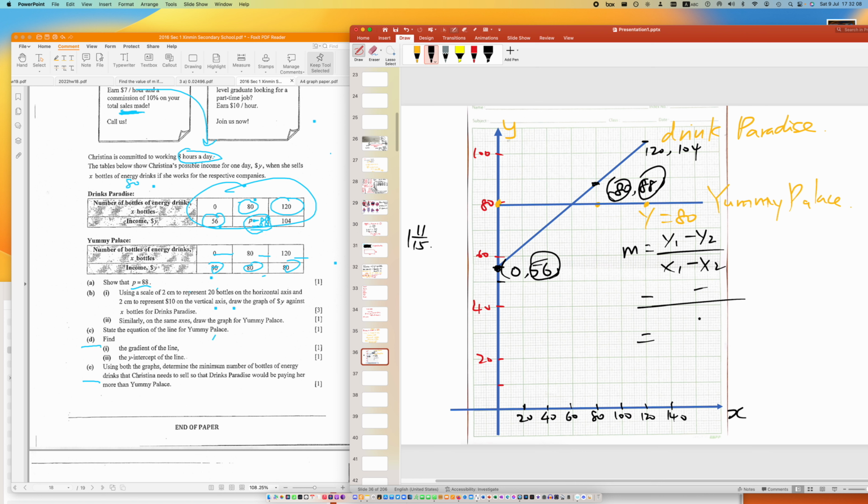Oh, I see, I copied the number wrongly. You should take 104 minus 56, then 120 minus 0. Must substitute correctly. 56, 64.